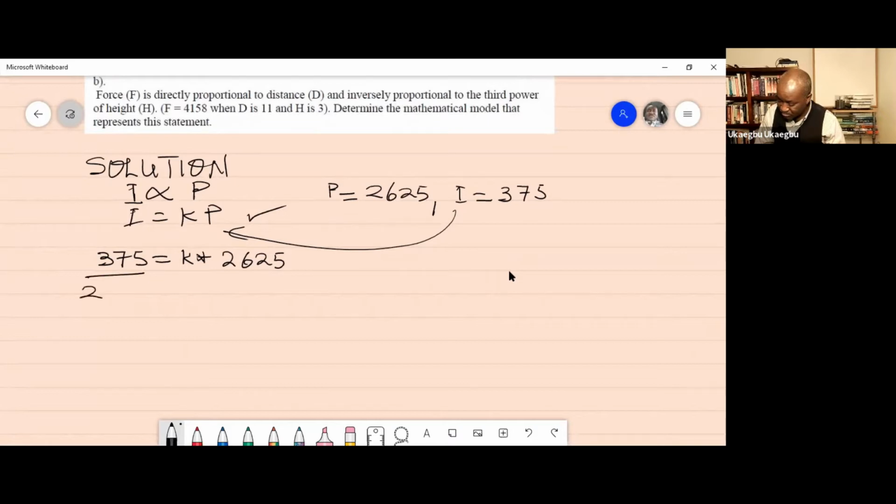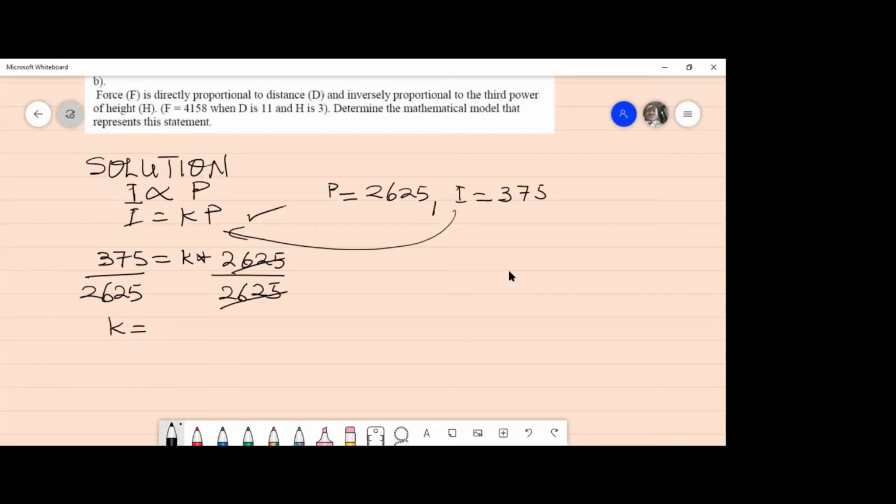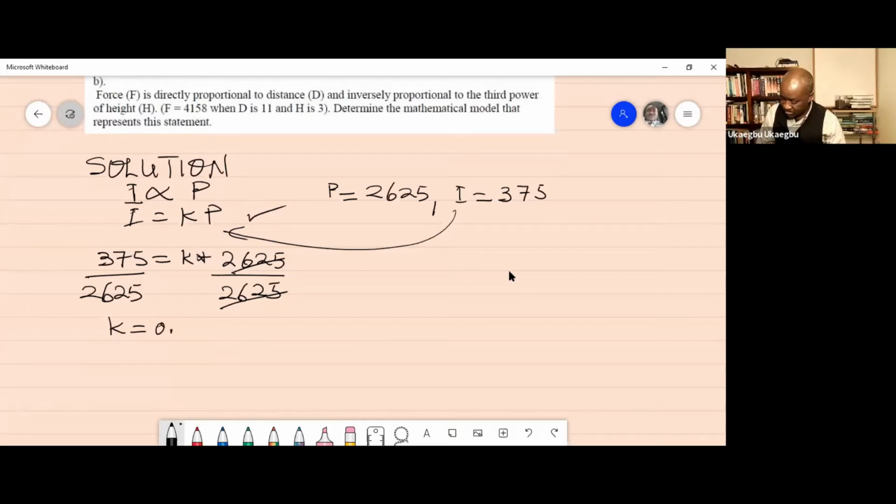Pull out your calculator. This side definitely crosses out. What does that give you? So K is 0.14.